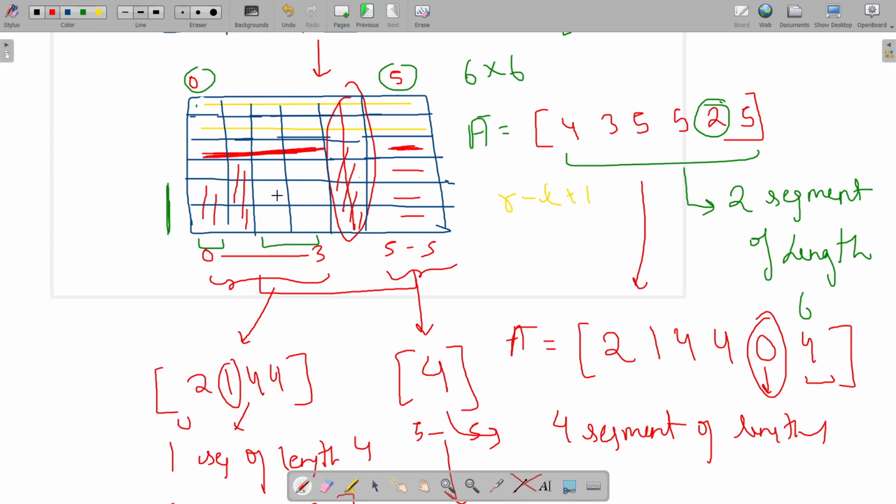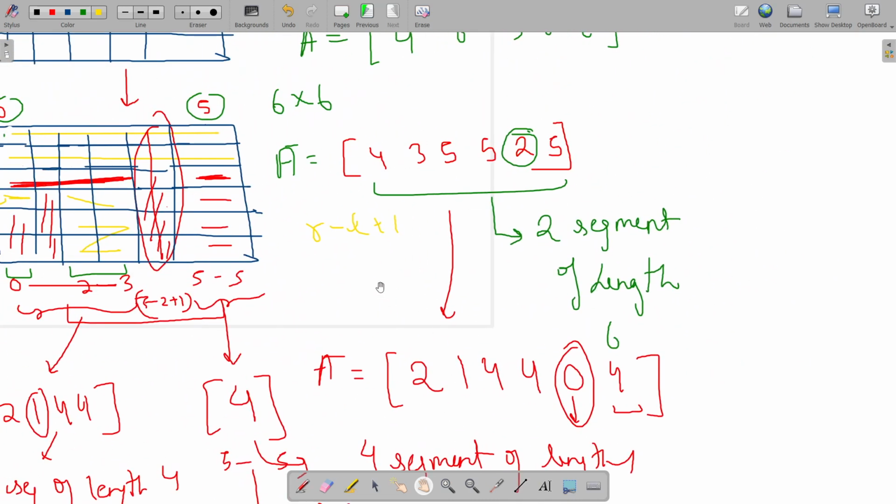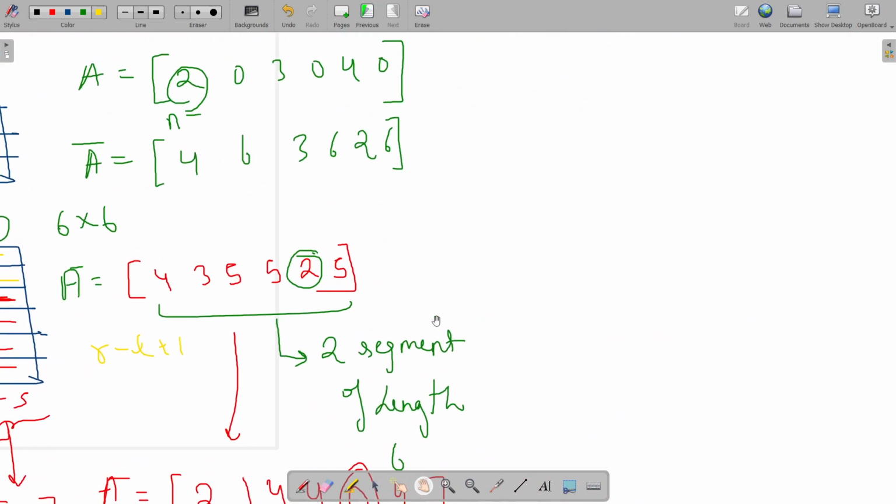So again, suppose you're solving for this range, the minimum empty spaces here are now 3, and that means you will have 3 segments of length 2, which is because this is index 2 to 3, right? So 3 minus 2 plus 1, this is the length. So you'll have 3 segments of that length. And again, from here you will identify that you have exactly one segment of length 1, because the minimum here is 1. And every time you will add these values to a set.